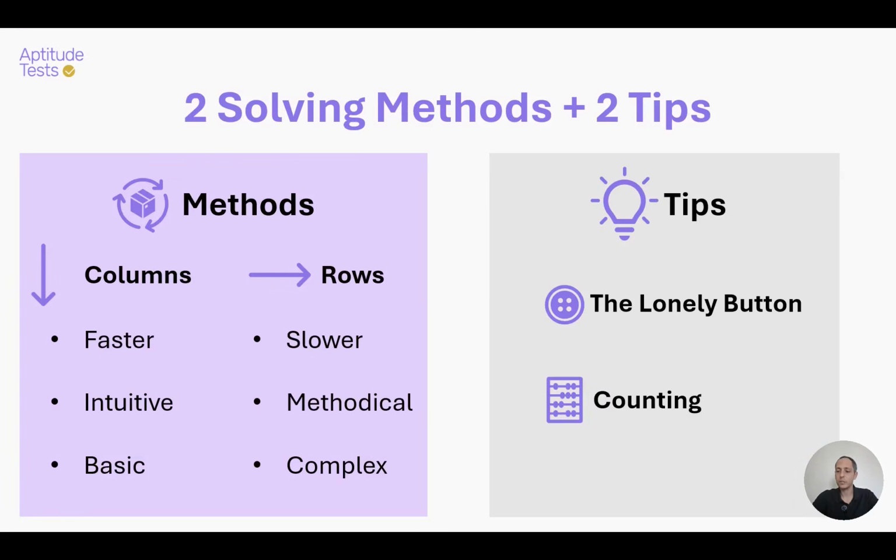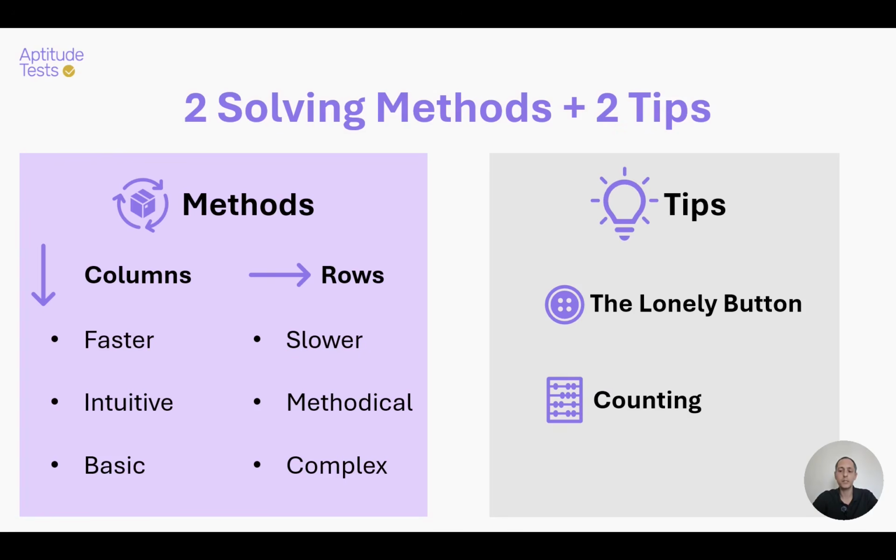Okay, so the last thing I'm going to cover before heading over to the questions themselves are the solving methods and the tips. I'm going to dig deep into the solving methods in this video, but I want to briefly explain what each method is and when you should use it, and to cover a little bit about the tips. So as for the methods, we're going to show two methods, the columns and the rows.